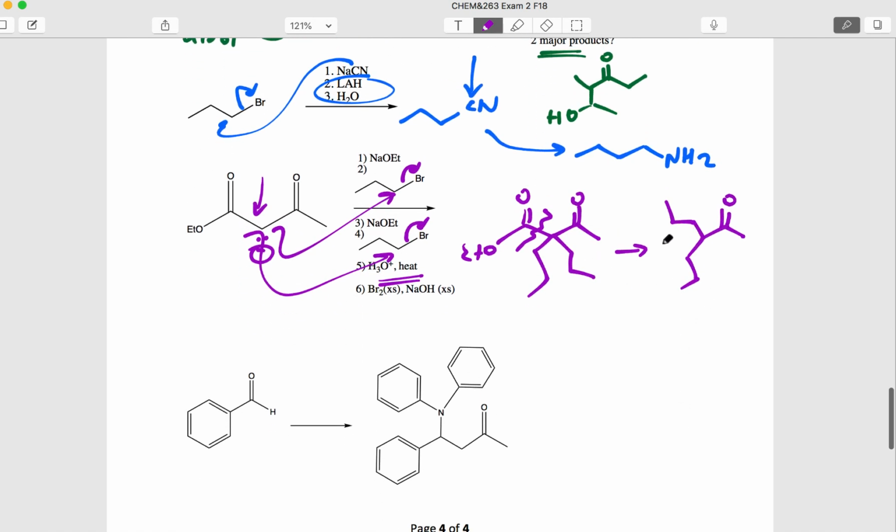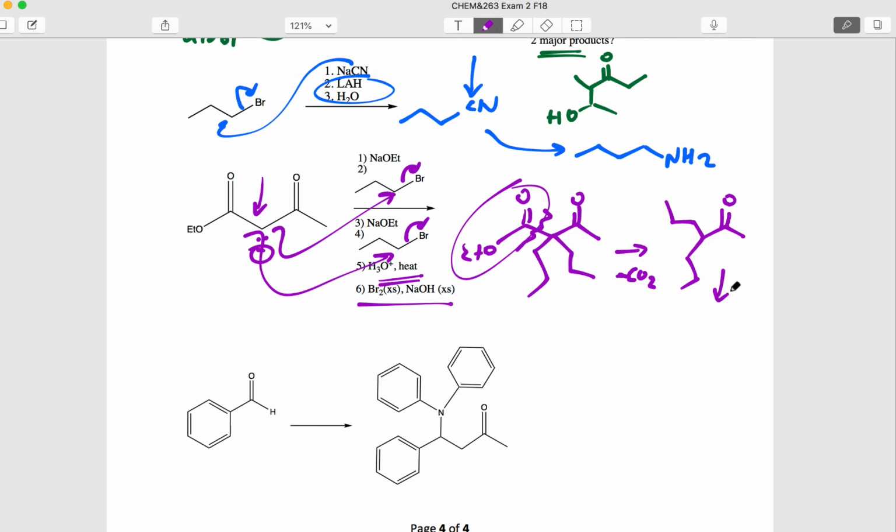So that's after step 5, hydrolysis of this to a carboxylic acid, then decarboxylation to form CO2.